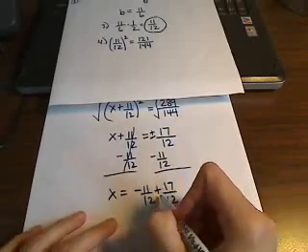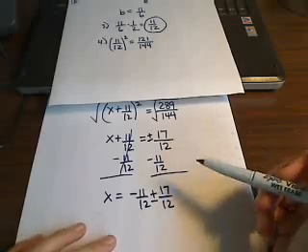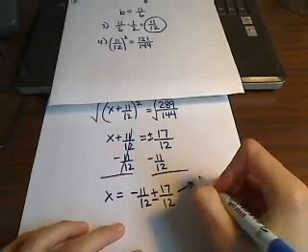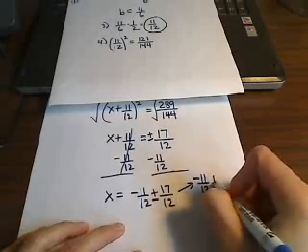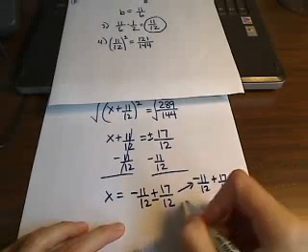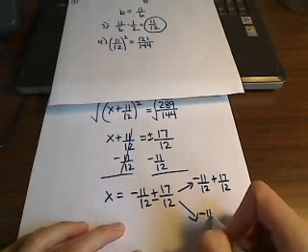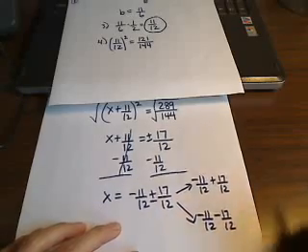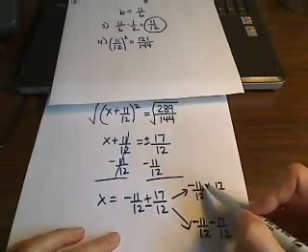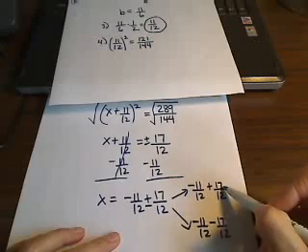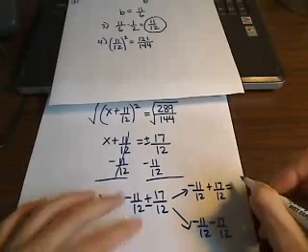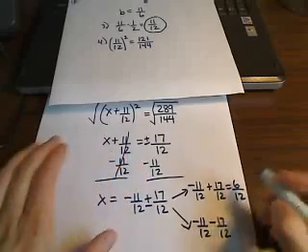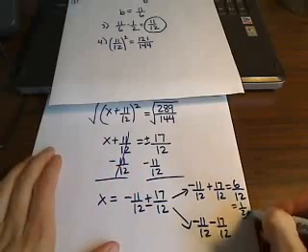Okay, plus or minus. Now, that's actually two different things. This is negative 11 over 12 plus 17 over 12, and negative 11 over 12 minus 17 over 12. So you should do both of those. Up here, negative 11 plus 17 is 6 over 12, which is a half.